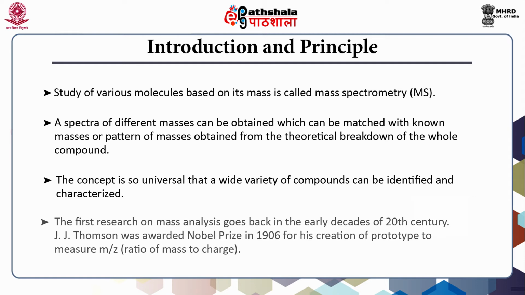The first research on mass analysis goes back to the early decades of the 20th century, when J.J. Thomson was awarded the Nobel Prize in the year 1906 for his creation of a prototype to measure the M/Z, that is the mass to charge ratio.